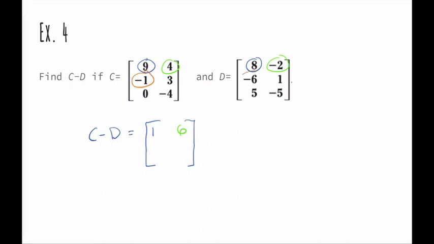And negative 1 minus negative 6 is 5. And 3 minus 1 is 2. And 0 minus 5 is negative 5. And negative 4 minus negative 5 is 1.